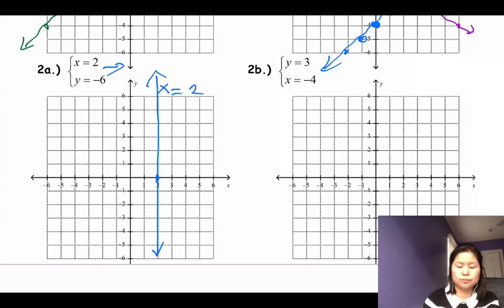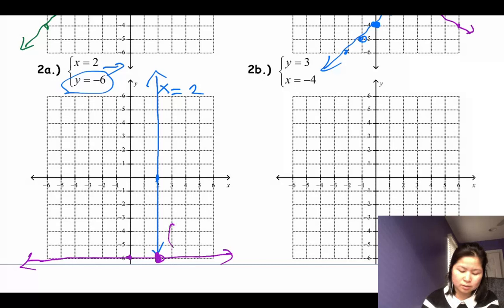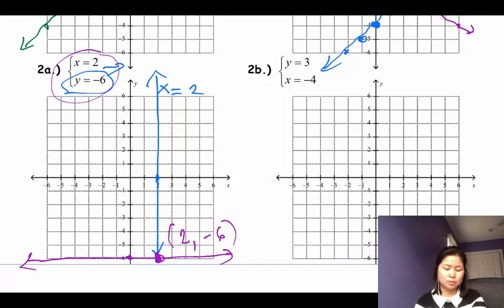And then for the y, I will plot the point on the y-axis, which is negative 6, and draw the line that's going to be perpendicular to that point, which is this straight line right here. So if you notice, this is the point of intersection, or the solution, which is 2, negative 6. In this case, it tells you the x value is 2, the y is negative 6, which is right here.